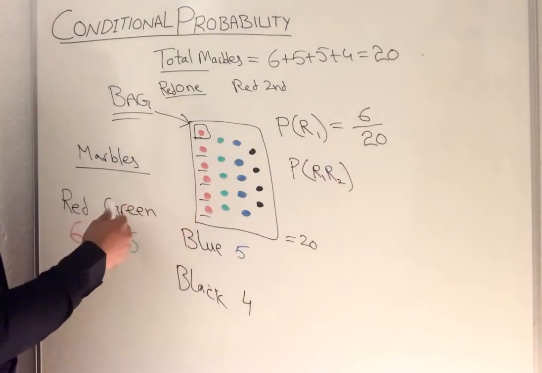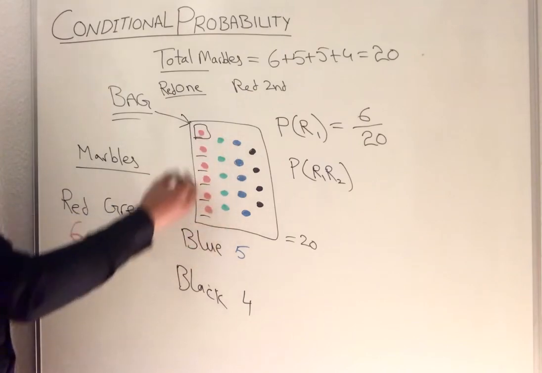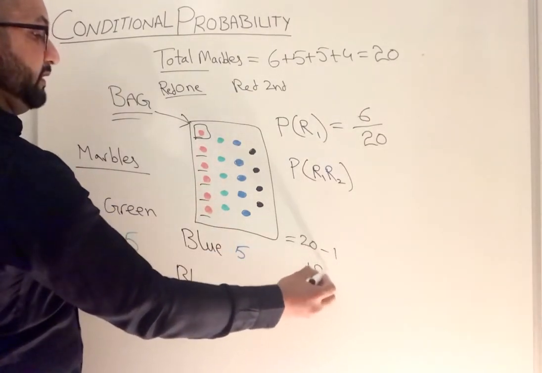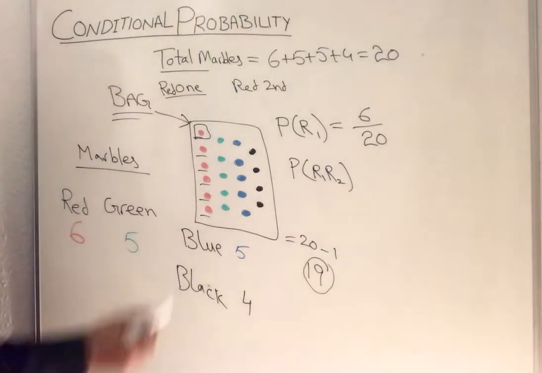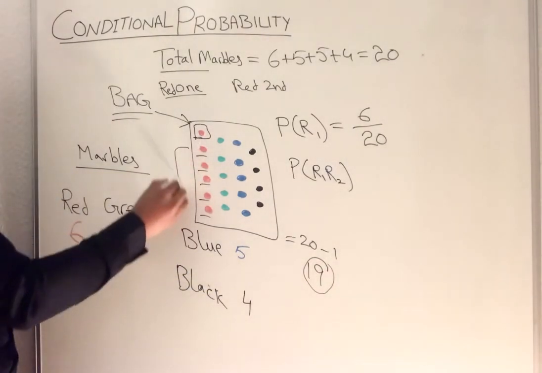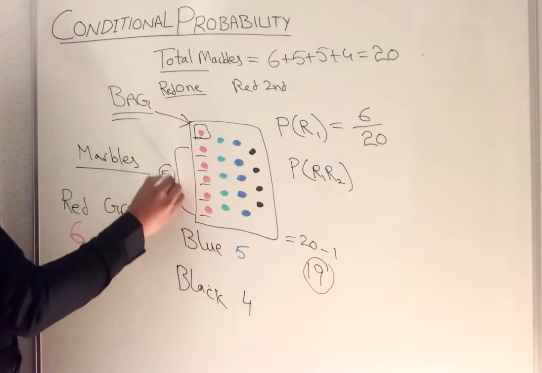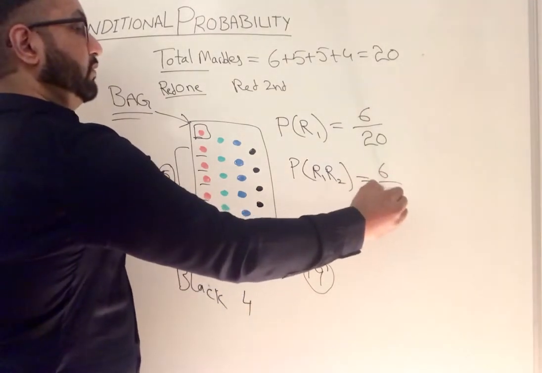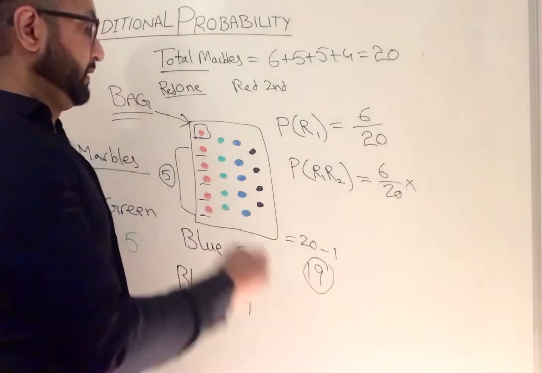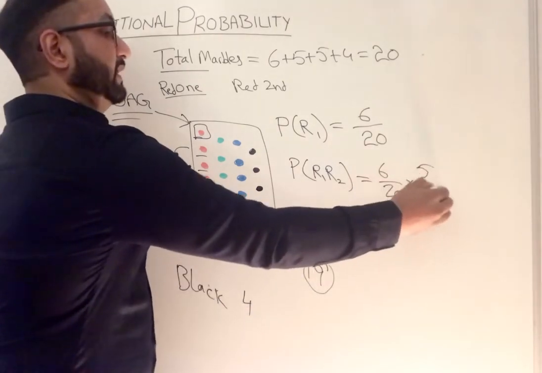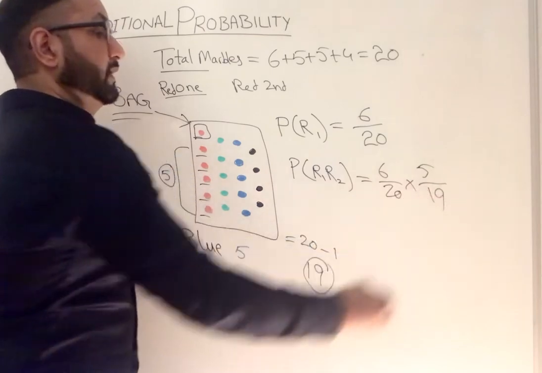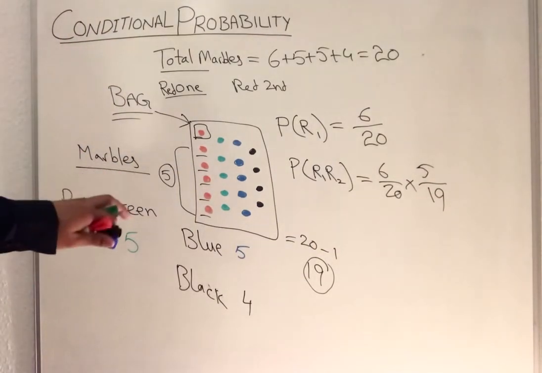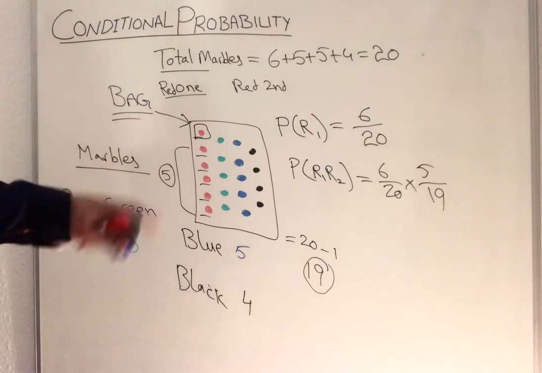If the one is gone, how many total are left? One is gone, so 19 are left. If one red is gone, how many red are left? 5. So we can say 6 over 20 times, for the second, 5 over 19. So 1 should be reduced out of that bag.